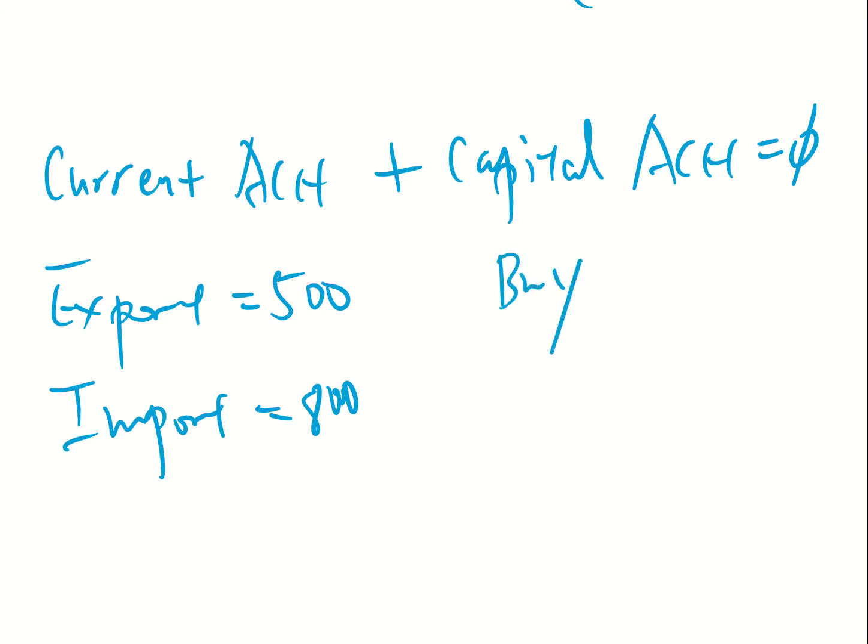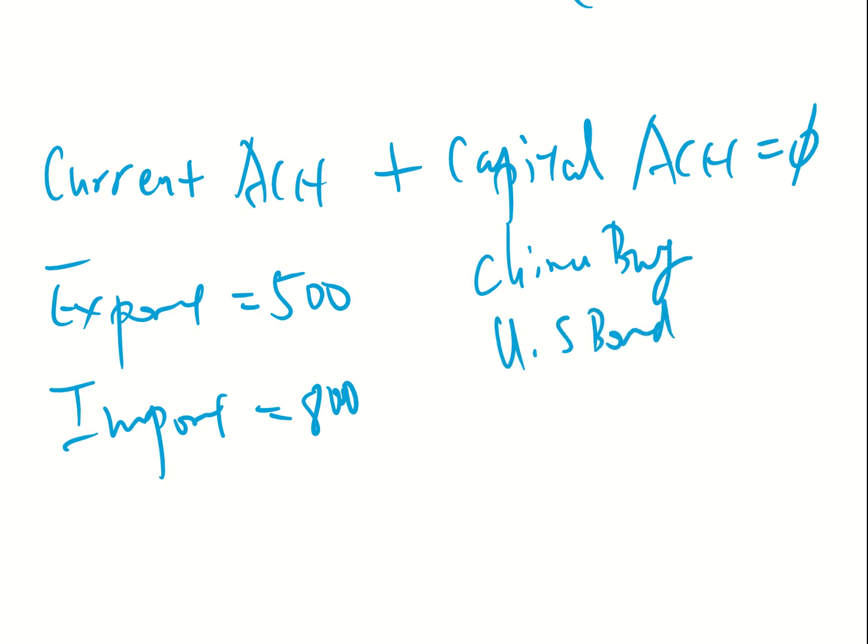China buys a U.S. bond for $300. The export is positive because that's an inflow of cash.